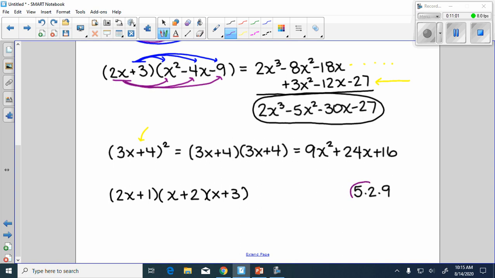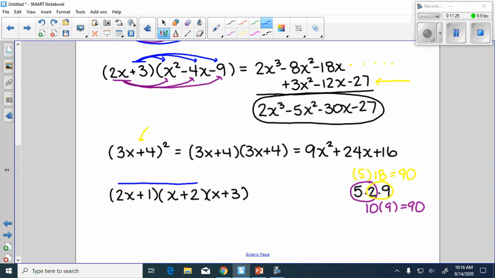A lot of you would say, well, 5 times 2 is 10, and 10 times 9 is 90, which is true. Or you could say, well, 2 times 9 is 18, and 18 times 5 is still 90. Or you could take 9 times 5 and get 45, and then take that answer times 2 and again still get 90.